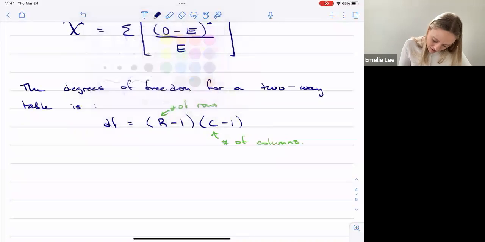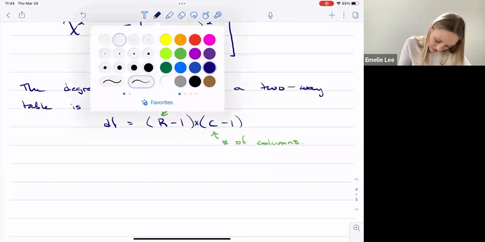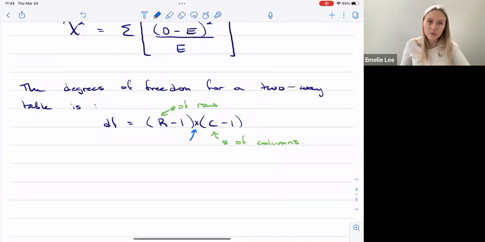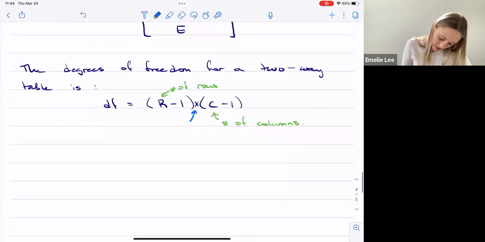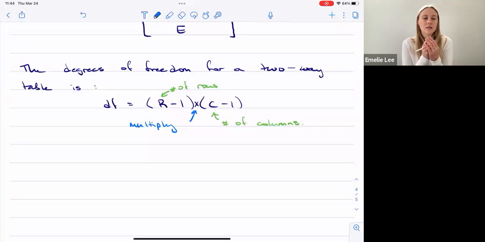Maybe I'll put a little X in there to indicate that this is a multiplier, although I don't like X's because they're typically a variable in our calculation, and it can get a little boggy. But here, I'll say multiply, just to clarify.